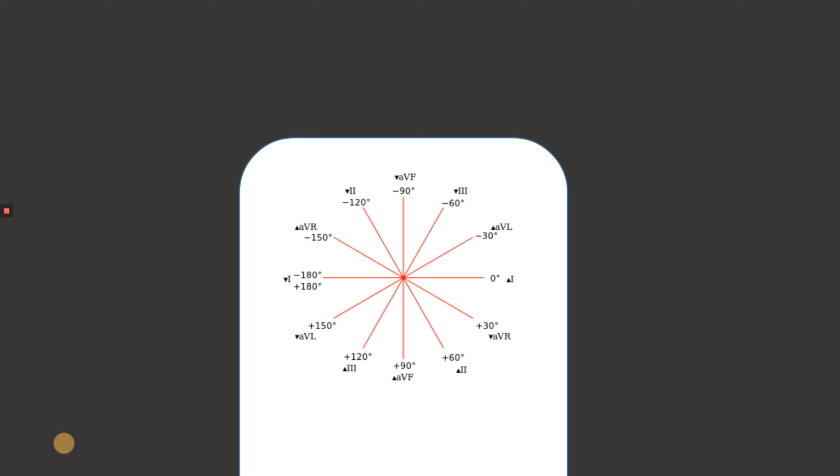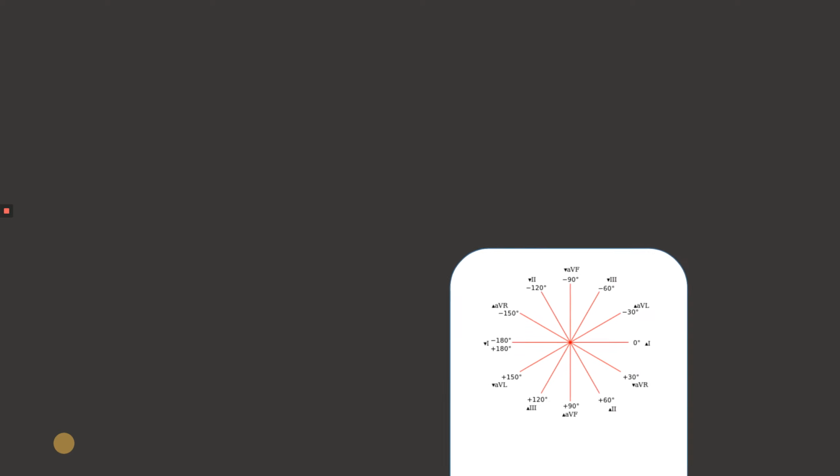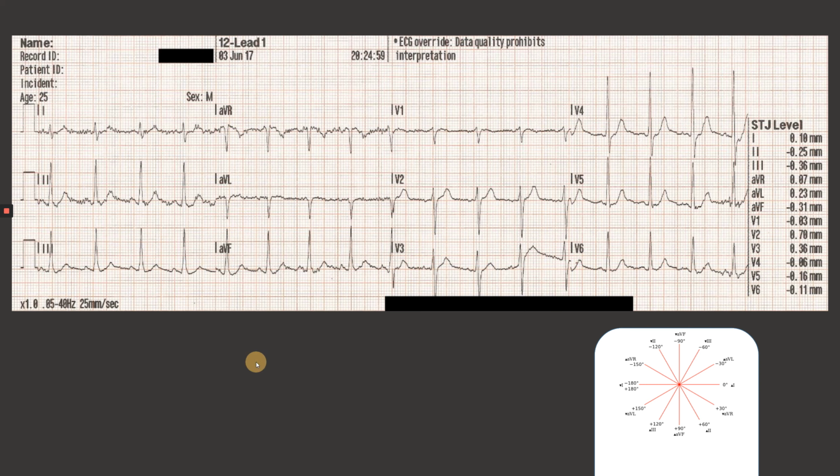So keeping that in mind, we're going to take a look at an example, 12 lead. So often in the world of EMS, this is a very common occurrence right here, where you get to see ECG override interpretation, meaning that the signal was too shoddy for the computer in the monitor to read it.